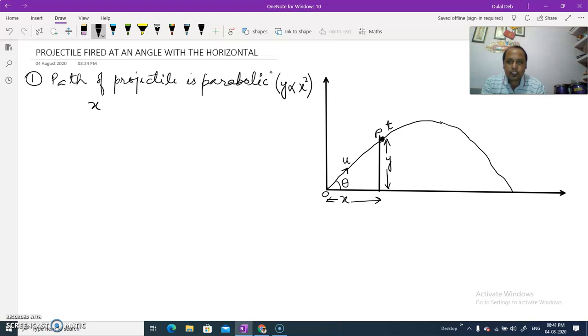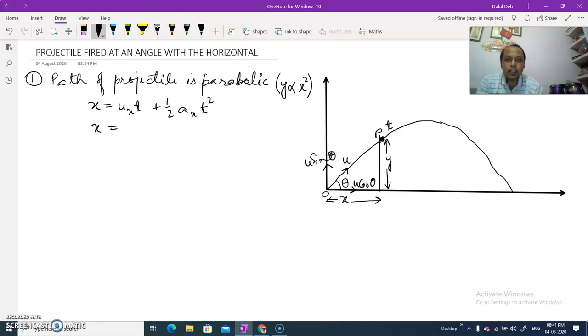The value of x, the displacement, is given by u_x t plus half a_x t square. So this is the value of displacement which we have. Now u_x, the component of u along this direction, will obviously be u cos theta, and along this direction it will be u sin theta.